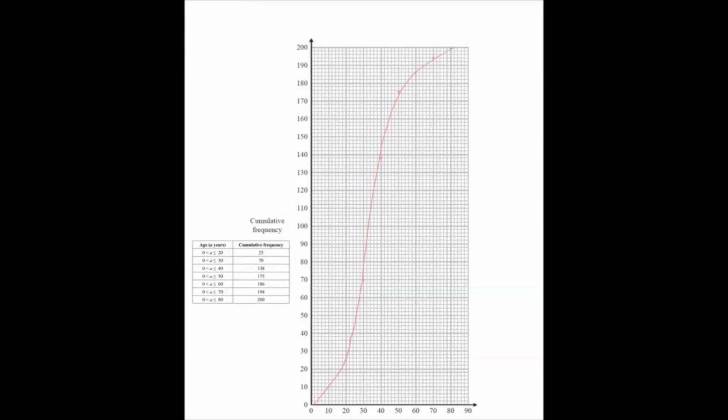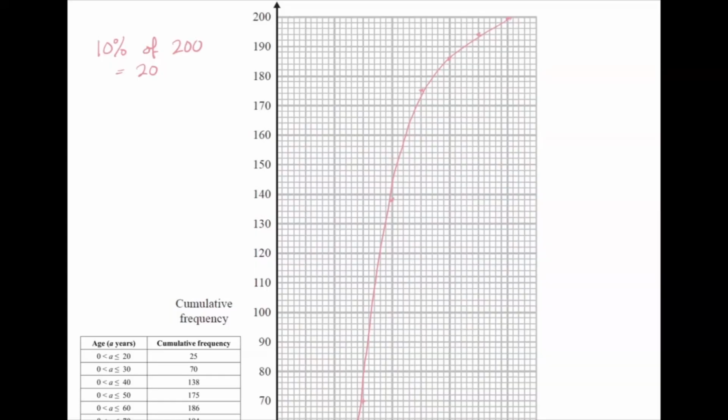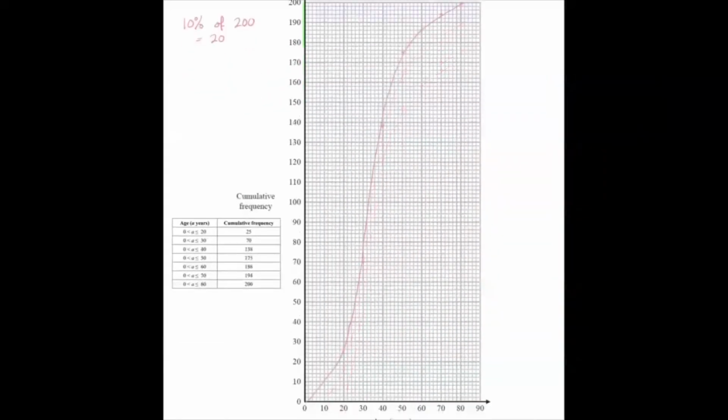Okay, now part B of the question, we've got Graham saying that 10% of workers at the factory are older than 65. Using the maths, 10% would be 20, which would be 180 to 200 being over 65. Using the graph, we're going to go to that 65, again, be as accurate as you can be.